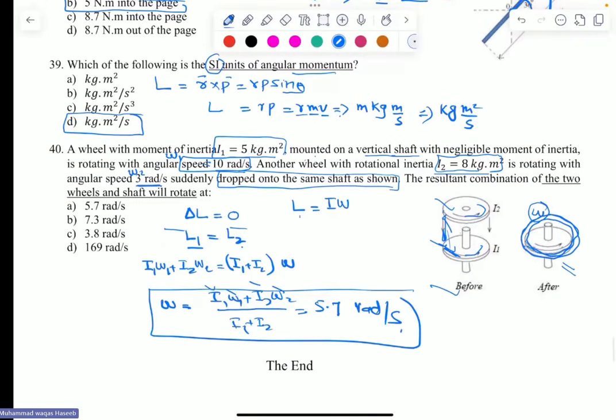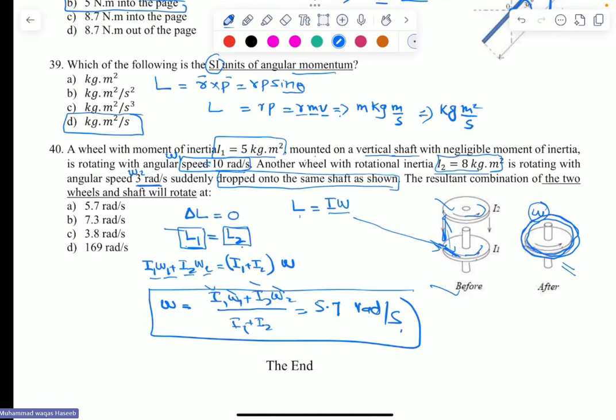Angular momentum is L equals I omega. So what is the angular momentum before? The first body is I1 omega 1, the second body is I2 omega 2.